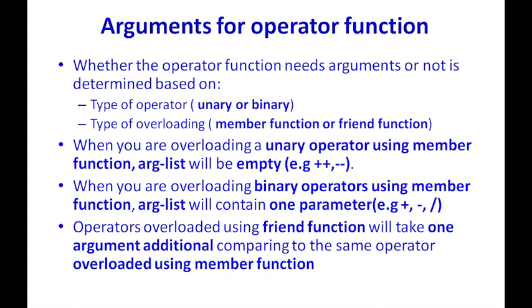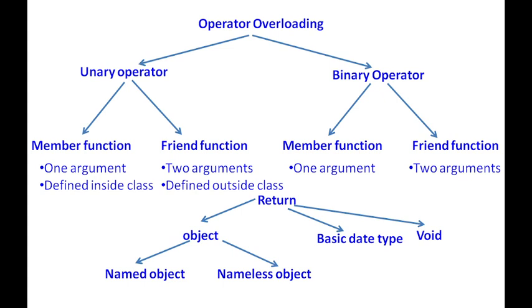If you are overloading plus plus as a friend function, then it will take one argument. So this is what we have to follow, and that has been summarized here. For a unary operator, member function means one argument, which is, I think, wrong. For a member function there are no arguments, but for a friend function it takes one argument.